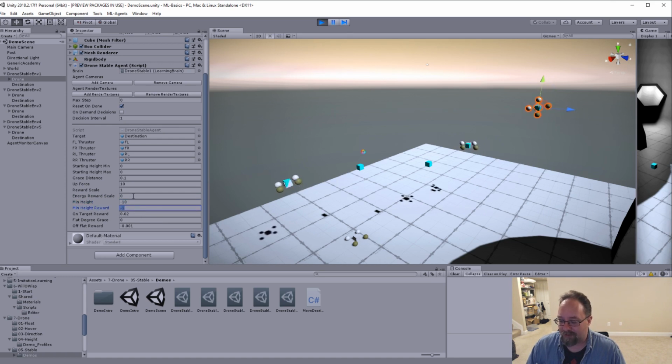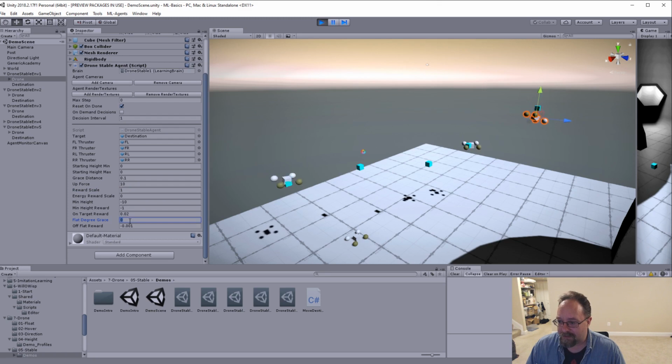Minimum height reward is a penalty if they are below the minimum height. On target reward is 0.2, which, yeah, that and reward scale, I actually have to take a look at those two, because I'm wondering if reward scale is deprecated and no longer used.